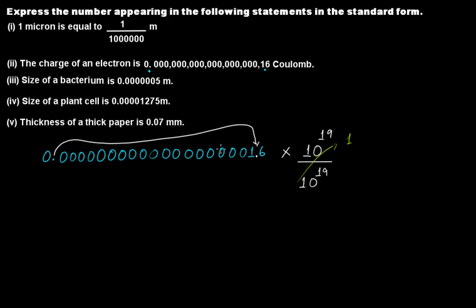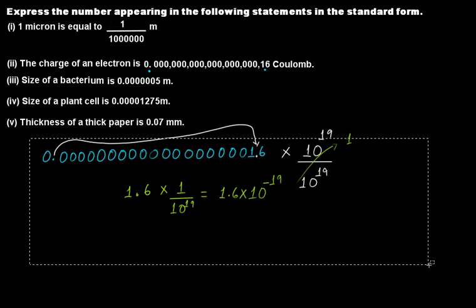So when you multiply this number by 10 raised to the power of 19, this becomes 1.6, and then this multiplied by 1 divided by 10 raised to the power of 19. Now this is actually 1.6 multiplied by 10 raised to the power of minus 19, right? Okay.